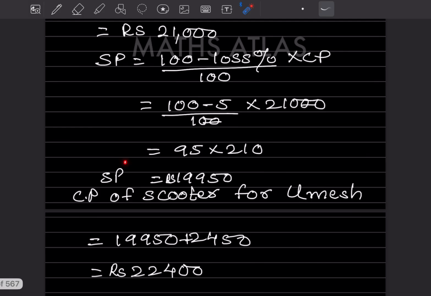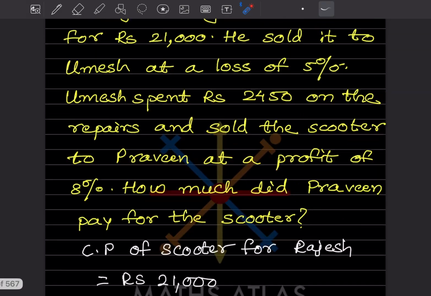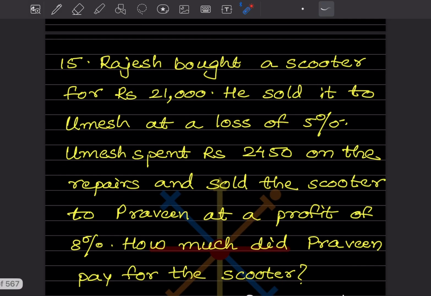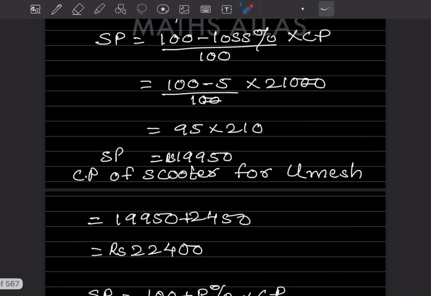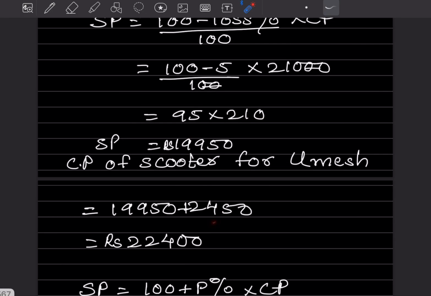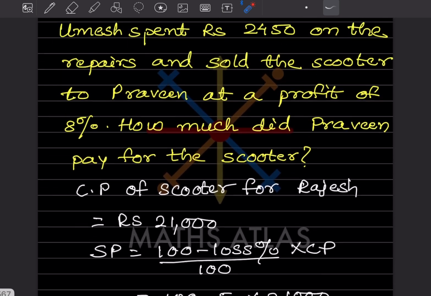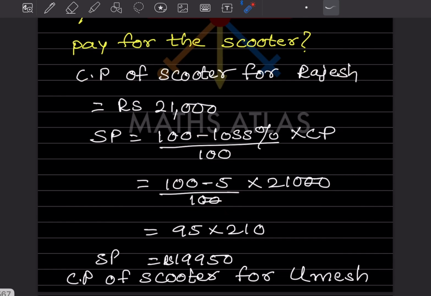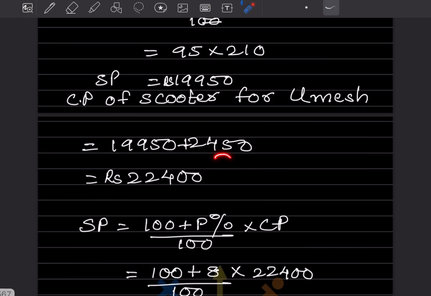This is for Umesh, so this will be 19950 plus this, so that is going to be 22,400.